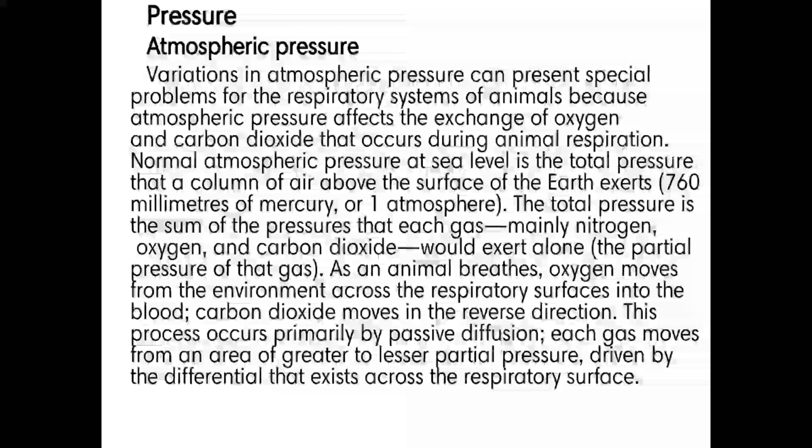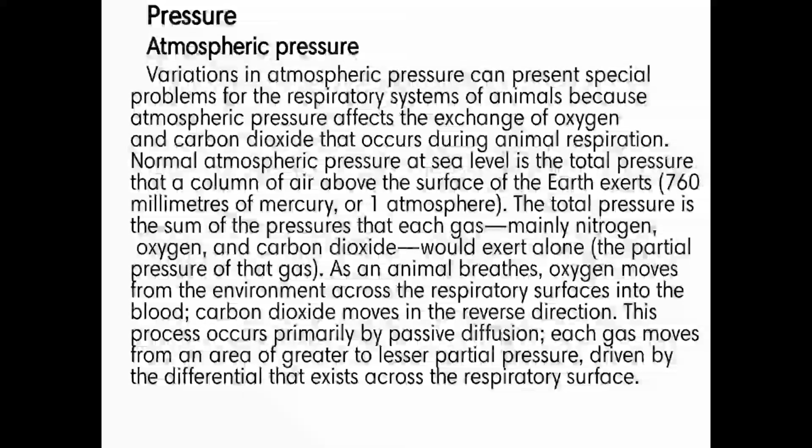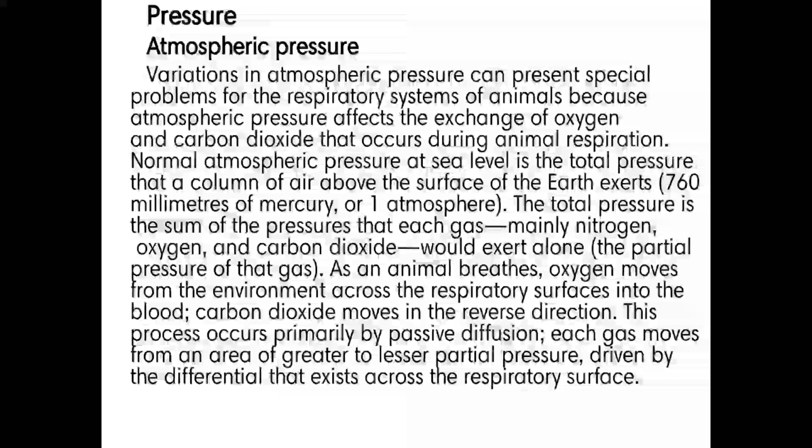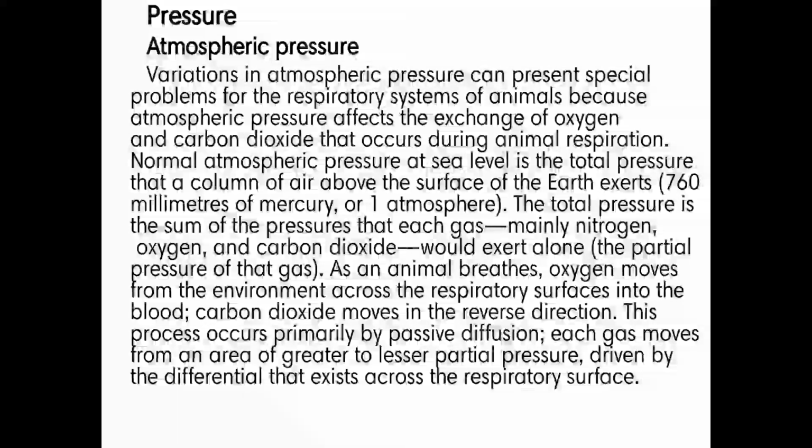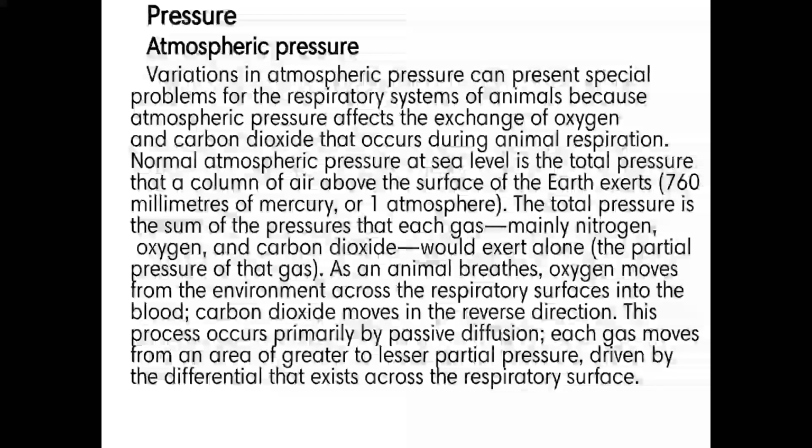Variations in atmospheric pressure can present special problems for the respiratory systems of animals, because atmospheric pressures affect the exchange of oxygen and carbon dioxide that occurs during animal respiration. Normal atmospheric pressure at sea level is the total pressure that a column of air above the surface of the earth exerts.